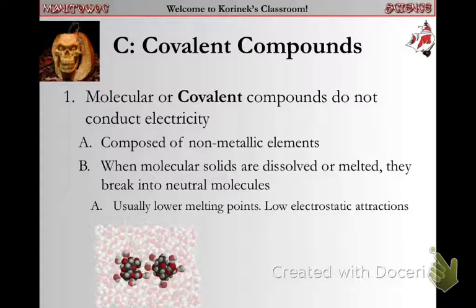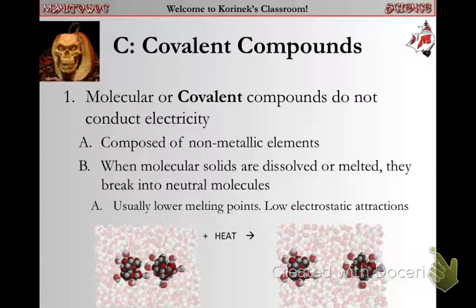When we have sugar, for instance, okay, here's an example of sugar, and you can see table sugar in your hand, and you add a little bit of heat to it, and it breaks down into 2 separate sugar molecules. So when you liquefy it, if you're making something that requires the sugar to be liquefied. Okay, and so what happens is instead of making ions, we essentially just break apart the 2 sugar molecules that were connected.